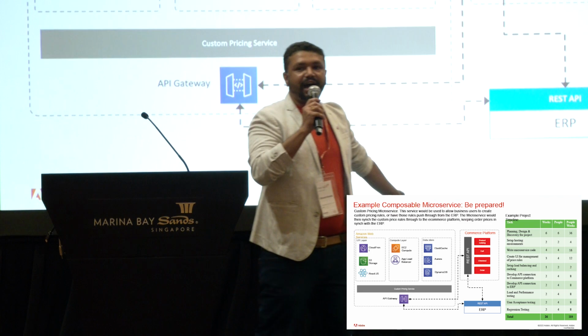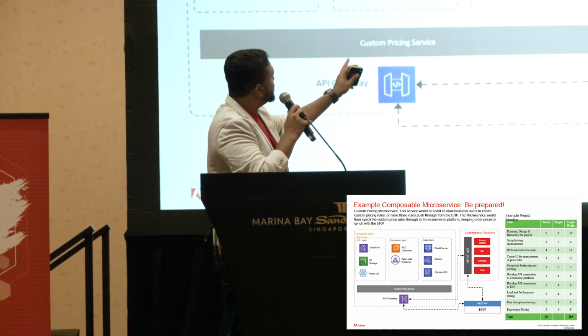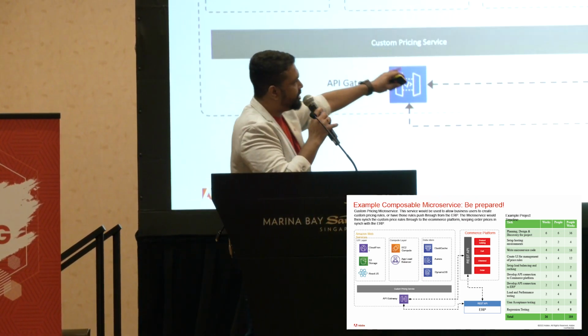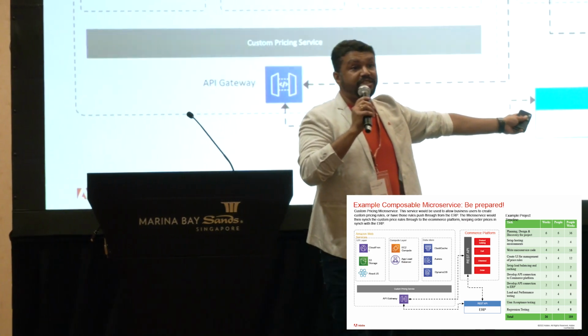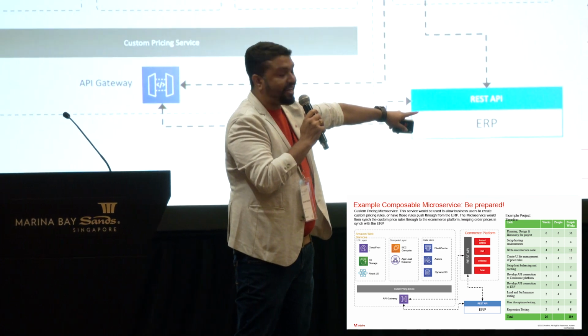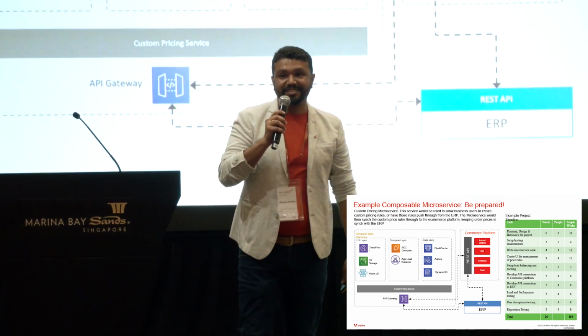In case I just want to bring a custom pricing web service from, let's say, an ERP system into Adobe Commerce, what is the manpower that you would spend or charge your merchant? And this is the manpower: 110 person-weeks.